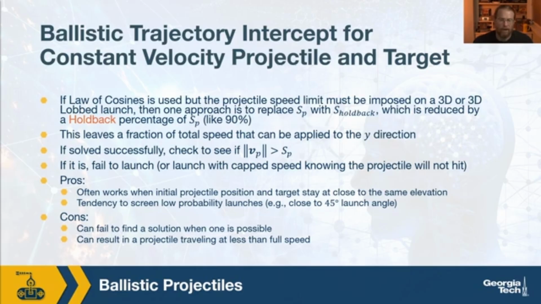So if the launch point for the projectile and the position and movement of the target are roughly in the same plane, so there's not a big difference in height, this will work fairly well. Like if you have an enemy that's running on a flat surface and you have an agent throwing also on that same flat surface, this will tend to work fairly well.